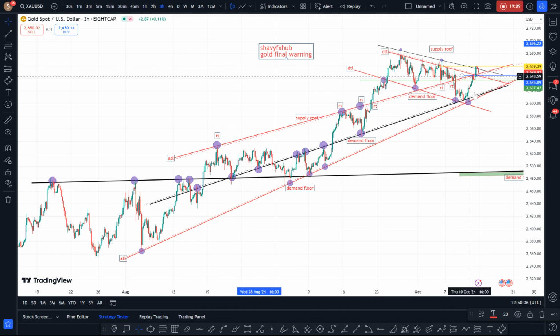Price came for retest to affirm the potency of this level, and the resistance structure is broken. Now it becomes a demand floor.